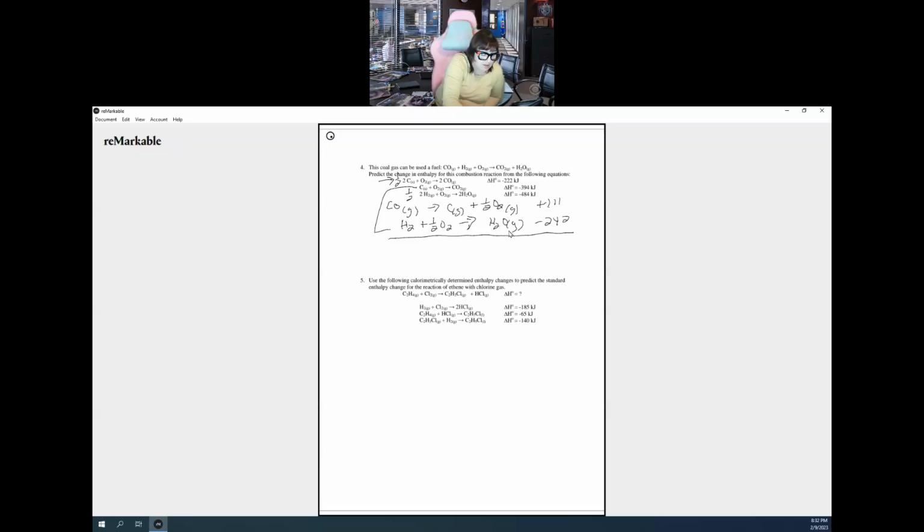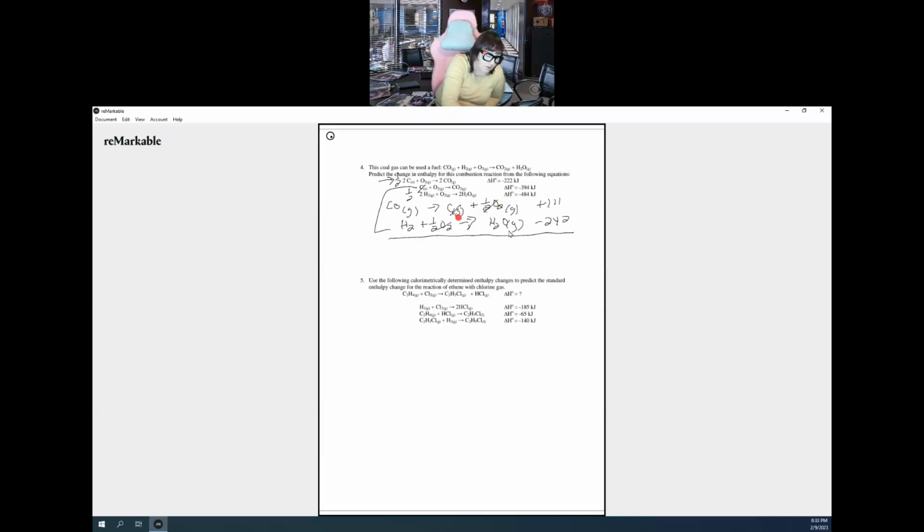So when I do that, I have a C solid from here. That cancels with the C solid that's there. I have an O2 that's here. I have half an O2 that's a product. Now, I can get rid of the half of an O2 and a half of an O2 there.